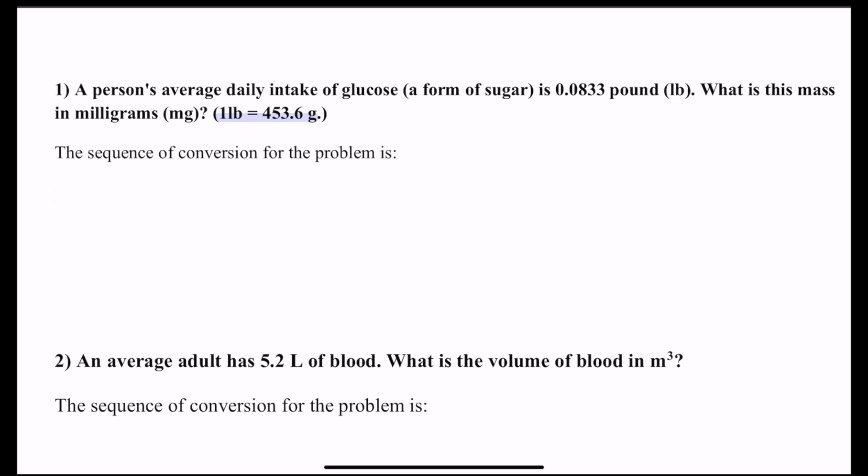And another unit we need to know is grams to milligrams. We know that there's going to be 1,000 milligrams for 1 gram, okay? And this is the SI unit prefix you should know, okay? So, knowing that, we can solve.